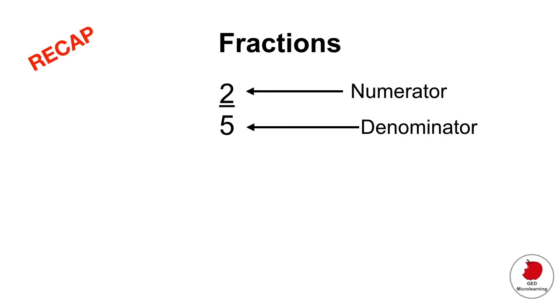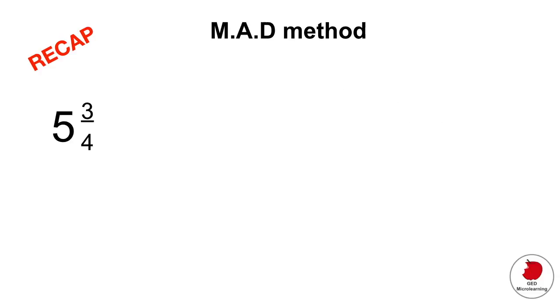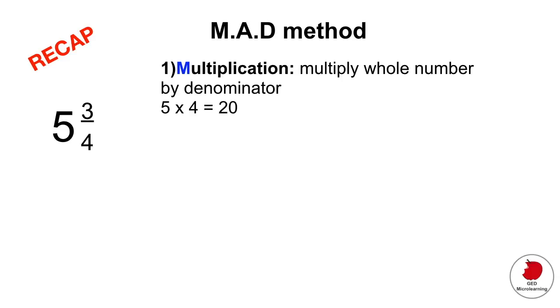Okay, so in order to change a mixed number to an improper fraction, I like to use this method called the MAD method, where the M stands for multiplication. So here you're going to multiply your whole number, which in this case is 5, by the denominator, the bottom number of the fraction, so that gives you 20. That's the M in MAD.